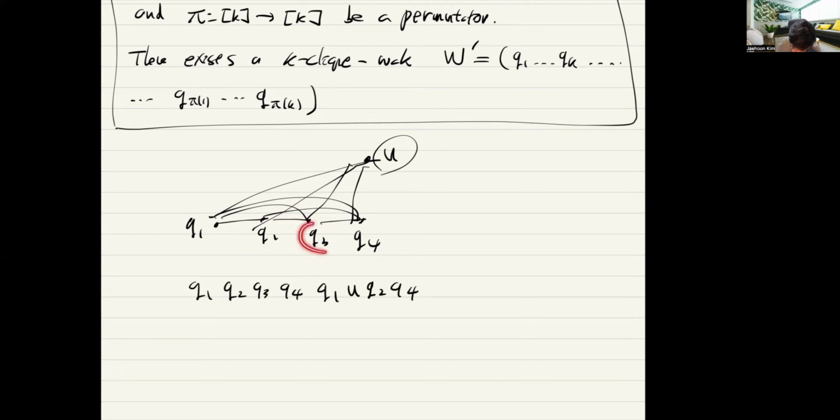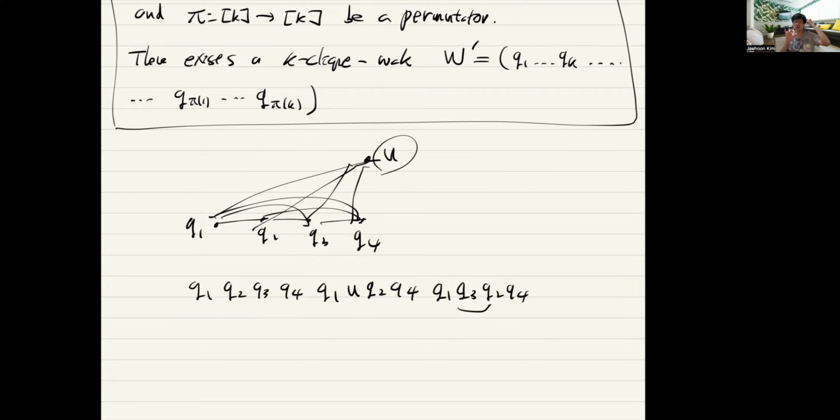So at the place of Q3 you now put Q2, and to the place of Q2 you put U. But this is also a clique walk, because without this one it is also a clique of size K. And then you can write Q3, Q2, Q4, so Q2 and Q3 are swapped.